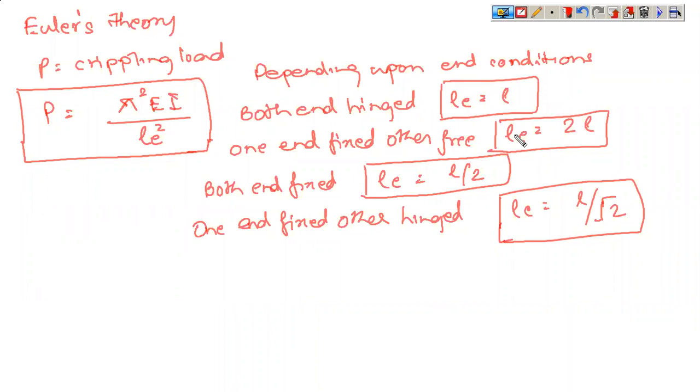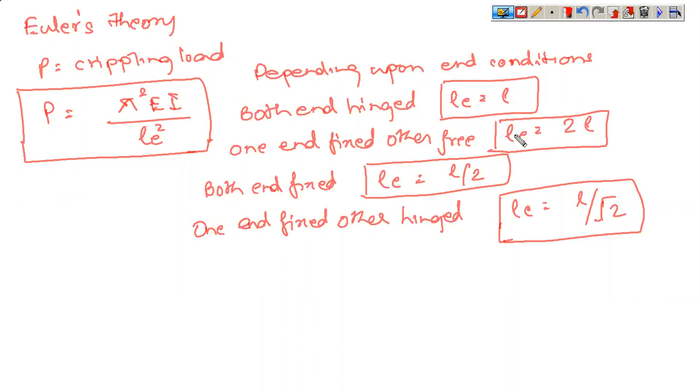So another understanding of this is if you have a both end hinged column, you have a certain amount of buckling. To produce the same amount of buckling for a one end fixed, other end free column, the length should be 2L. For both end fixed, it should be L by 2.